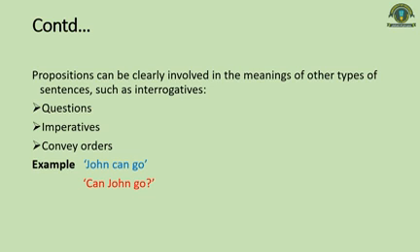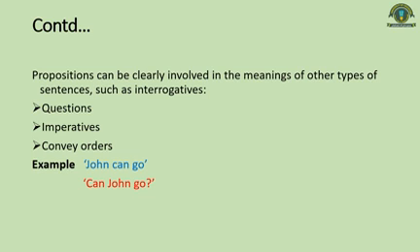Normally, when a speaker utters a simple declarative sentence, he commits himself to the truth of the corresponding proposition. That means he asserts the proposition. By uttering a simple interrogative or imperative, a speaker can mention a particular proposition without asserting its truth. Now take this example in the slide. John can go.